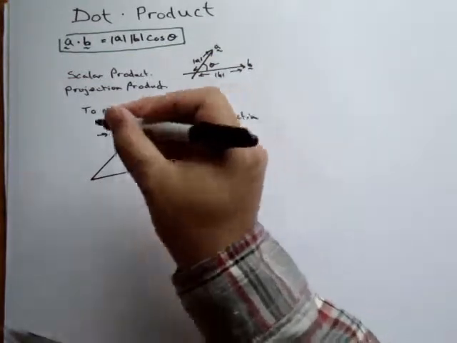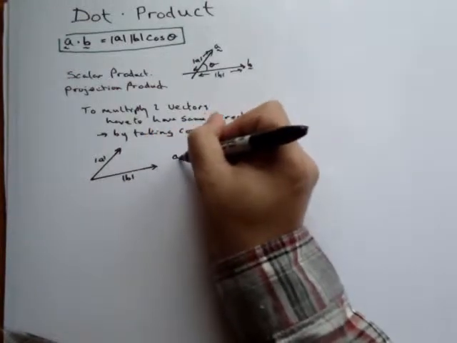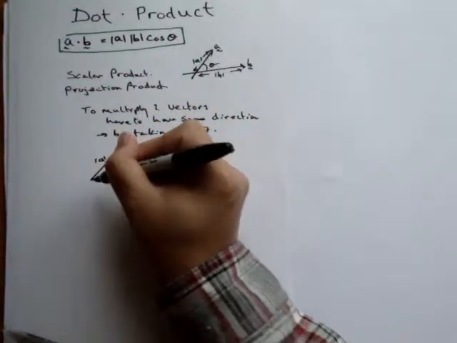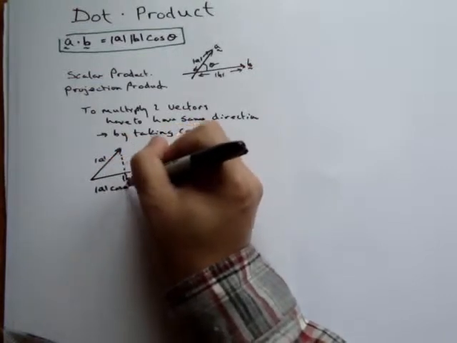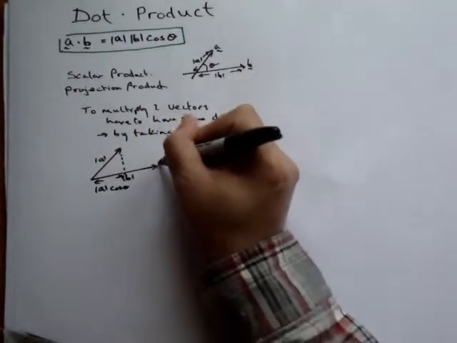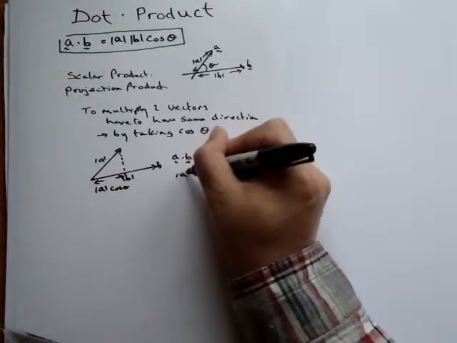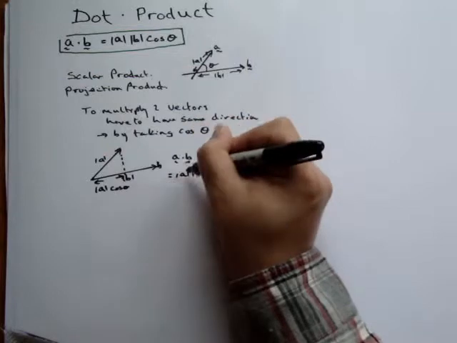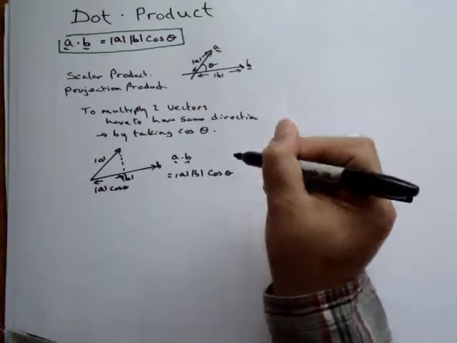To get A dot B, we have to use A cos theta up to this point here, where A is projected onto B. This is our B, and therefore A dot B equals the magnitude of A multiplied by the magnitude of B cos theta.